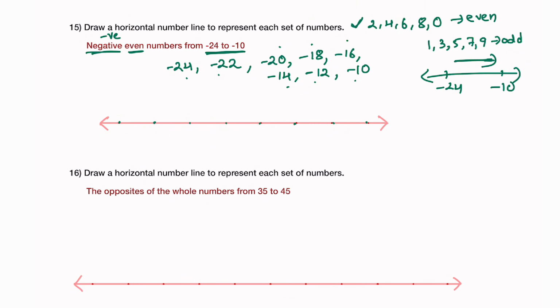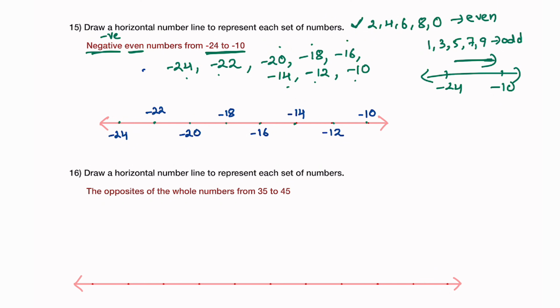You take your ruler, put it straight properly, and every 2 centimeters you will mark it. I'll start with minus 24, minus 22, minus 20, minus 18, minus 16, minus 14, minus 12, and minus 10. Okay, so my number line is done.